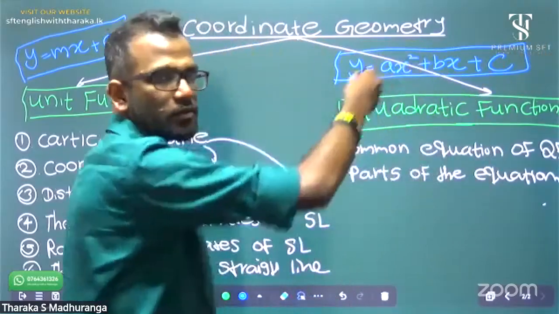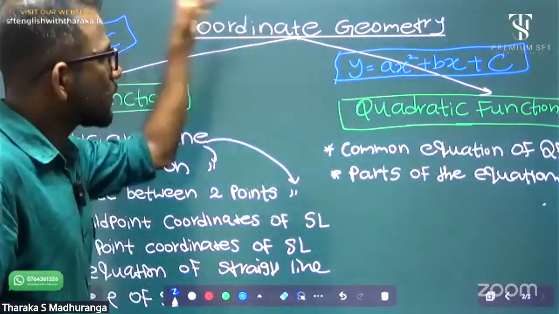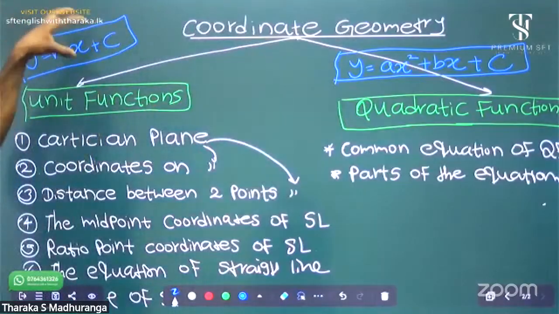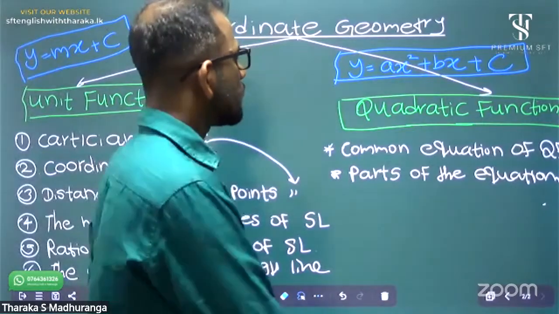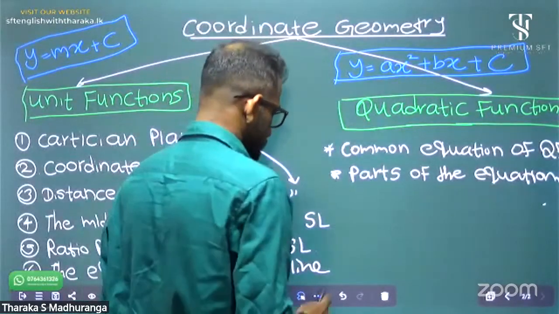Okay, don't need to write down, only understand the difference. This is a straight line common equation. This is a parabolic quadratic function common equation.